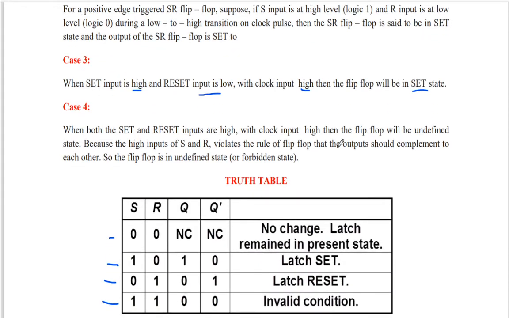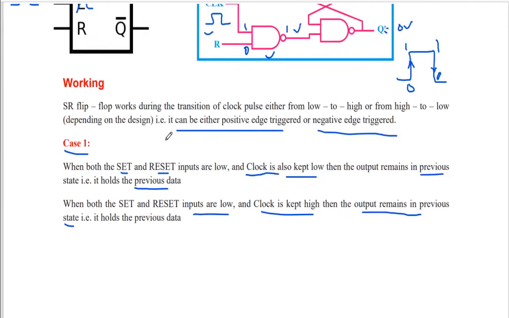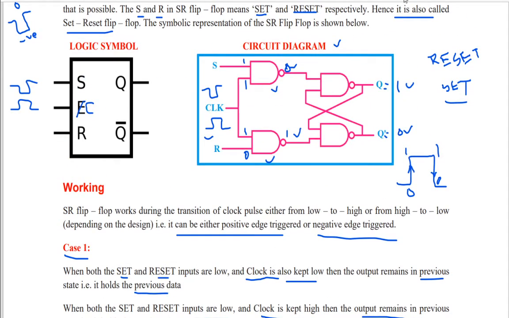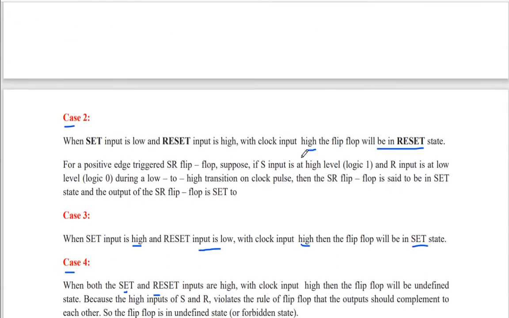Now moving on to the next state, case 4, when both the set and reset inputs are high. When we make both S and R high, with the clock input high, what will happen? Both the upper and lower NAND gates will produce a low output.